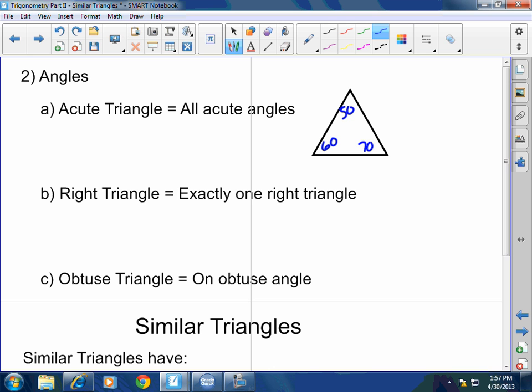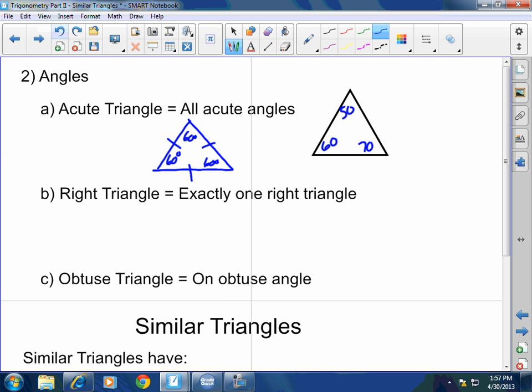That's fine. It looks like an equilateral, but for it to be an equilateral, I cannot assume. I would have to say that the sides are equal first. And if I did say that, sir, then 100% you're right. If it was an equilateral, then this would be 60, 60, and 60. So yes, an equilateral triangle by side definition is also an acute triangle by definition of the angles.